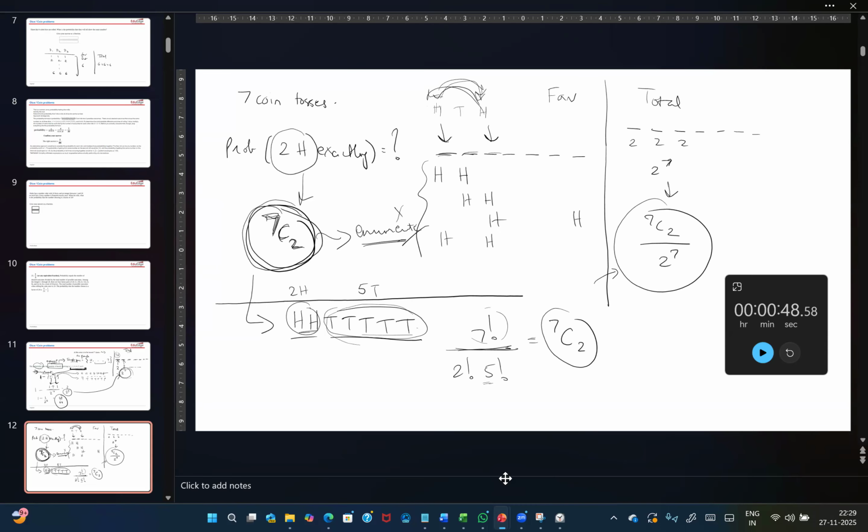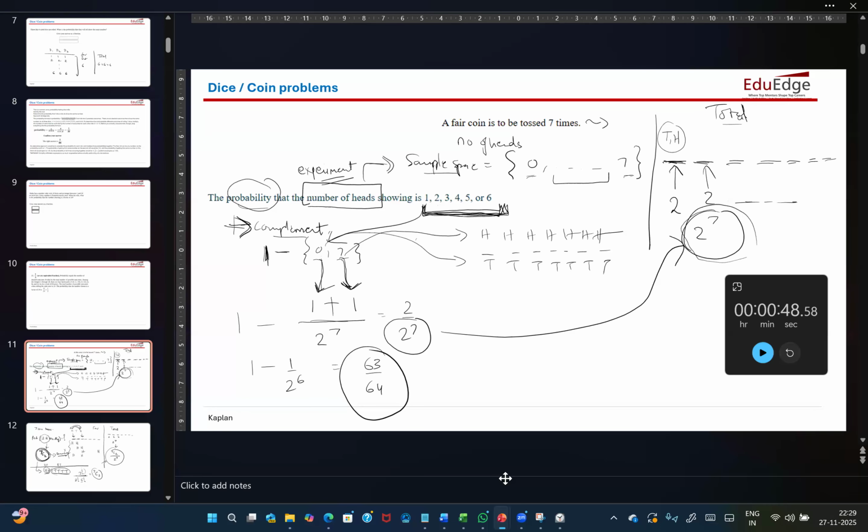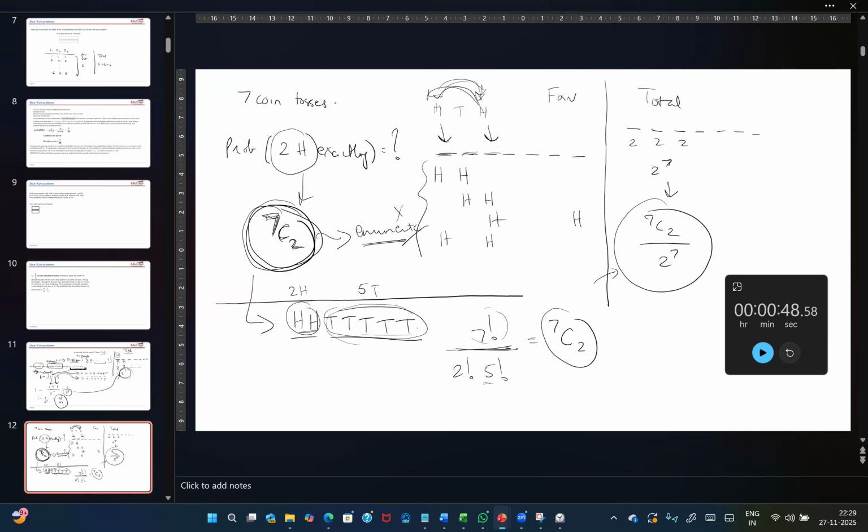The algorithm is simple: understand the experiment, create the sample space for the experiment, find total, find favorable. If favorable can be found using enumeration like this, great. If not, fall back upon the combinations or permutations formula to enumerate. Then find favorable, then divide that by total.